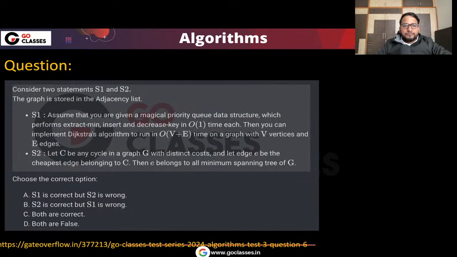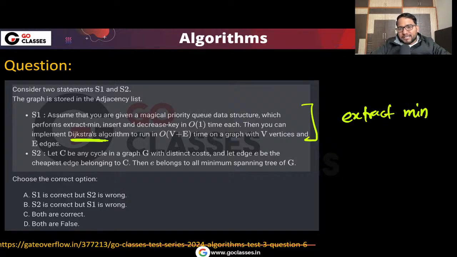Let's just see this. Okay, so this is related to Dijkstra. Do you remember the Dijkstra algorithm? So in Dijkstra, we do what? We do extract min and relax outgoing edge. That's what we keep on doing.